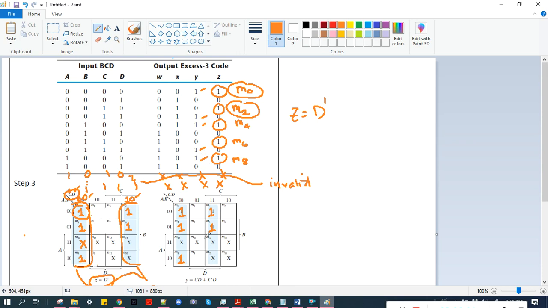Then for 9, it's 0, 0 here. For 10, 11, 12, 13, 14, 15, that is don't care. So we just need to cover the ones. We need to cover this, this, this, this, and this.